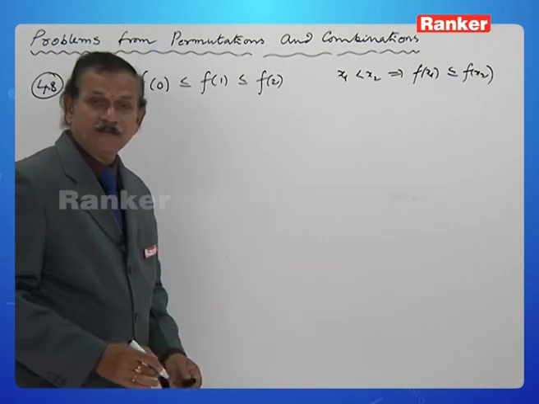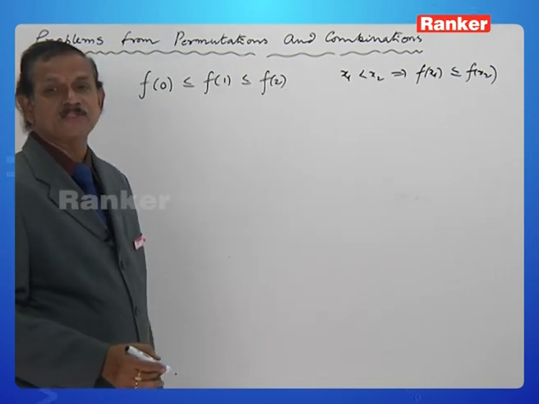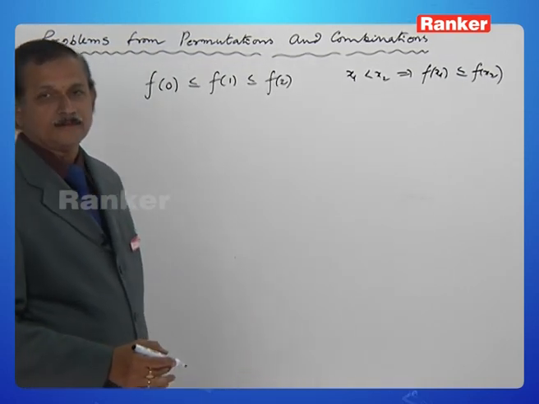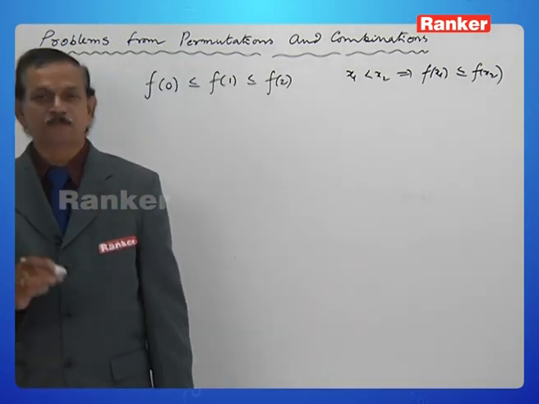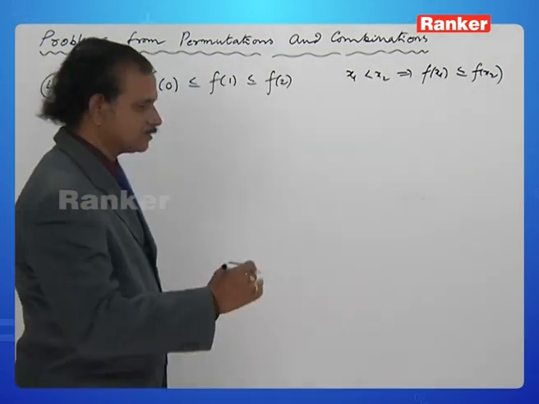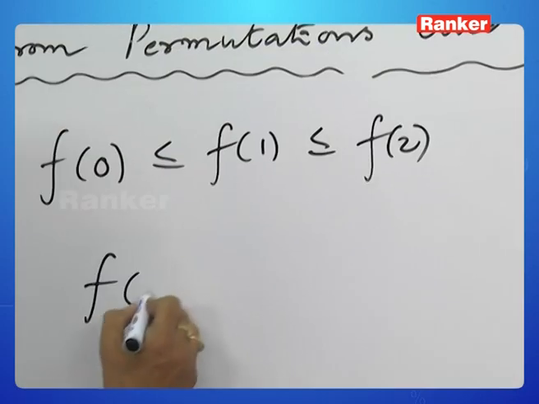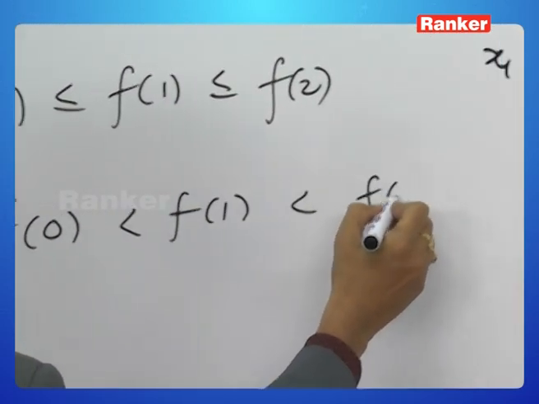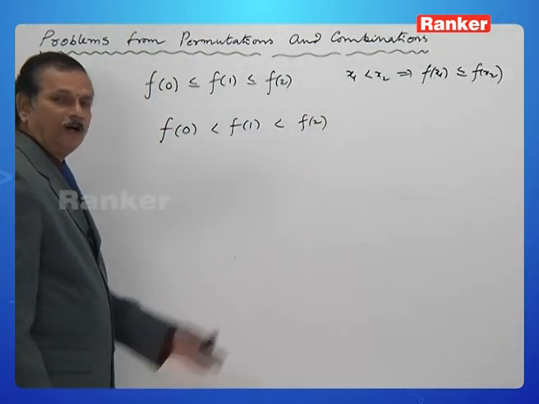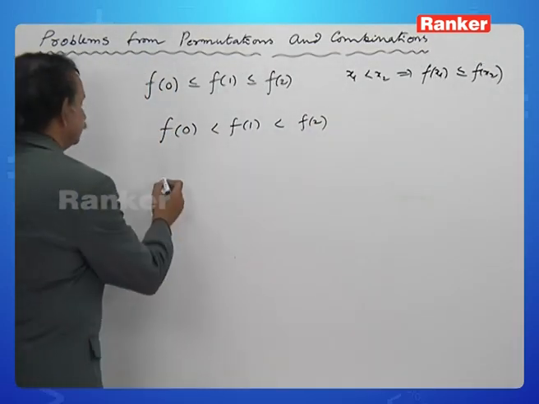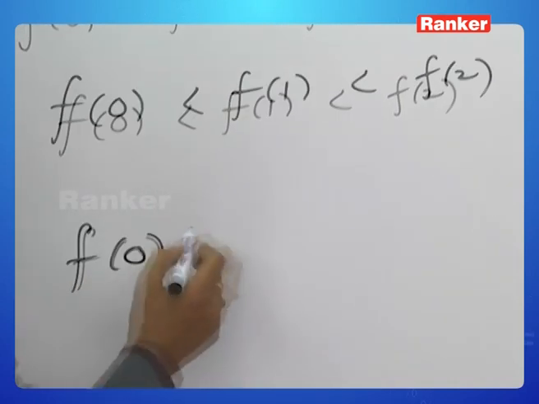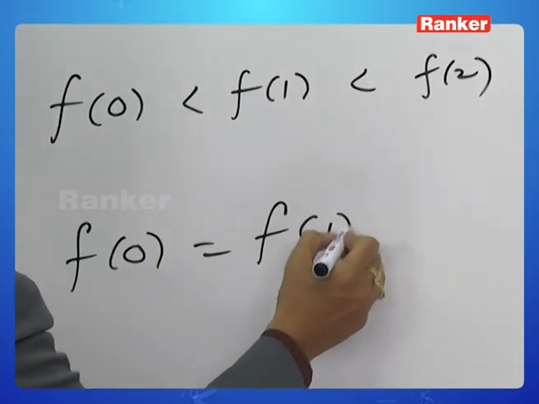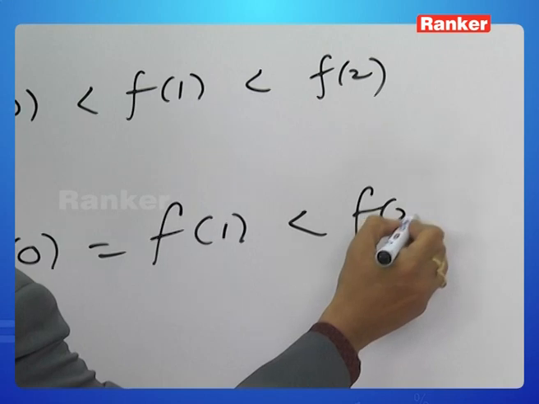Here, naturally, 4 cases may arise. Definitely, 4 cases may arise. What are the cases? F of 0 less than f of 1 less than f of 2. How many such functions are there? F of 0 is equal to f of 1 less than f of 2.